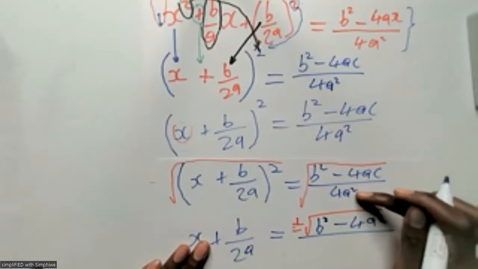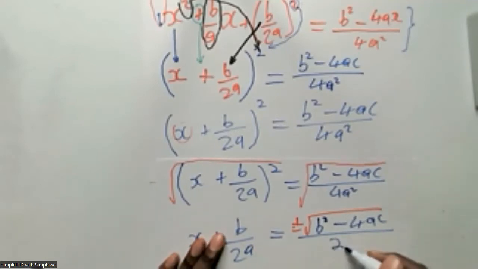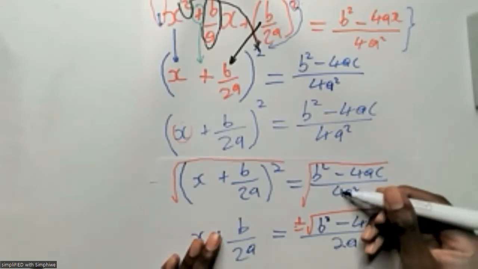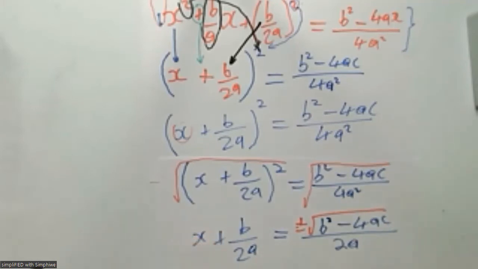All over the bottom part, the square root of 4a squared is 2a, because the square root of 4 is 2 and the square root of a squared is a. Like I said, if you want to understand exponents, look for a video where we talk about exponents.